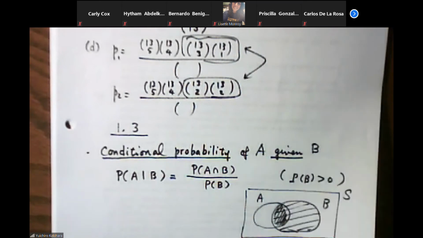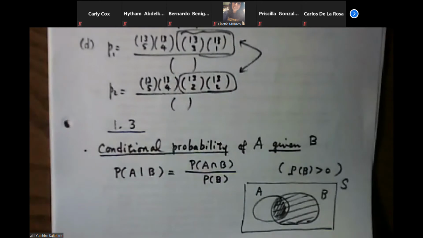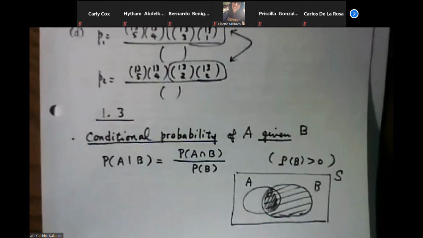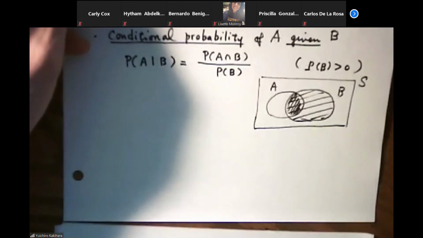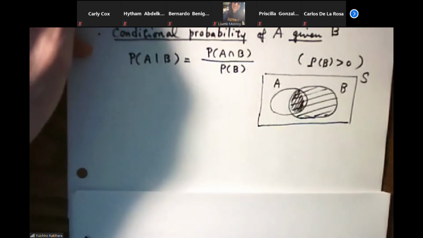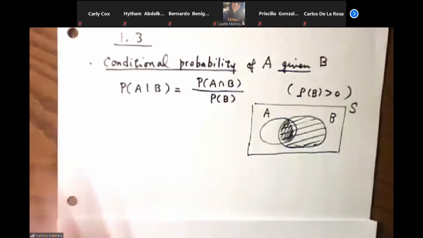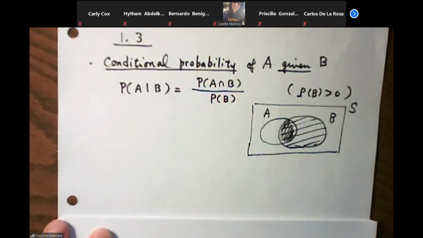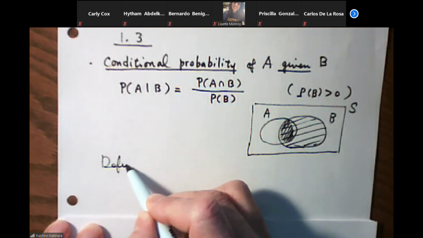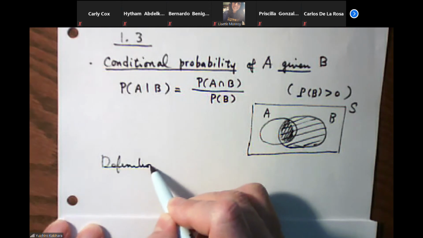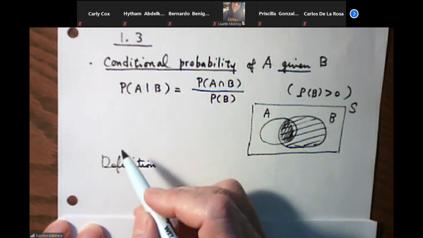The textbook calls it a definition, but I don't think this is a definition, so I have to follow.